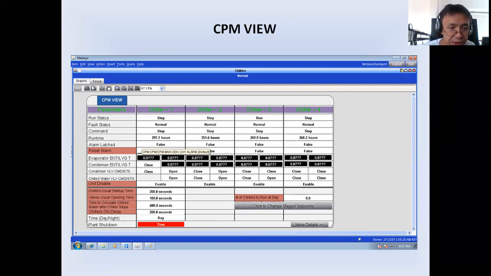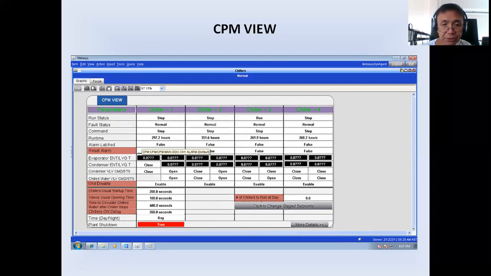Time to circulate chilled water after the chiller stops is 600 seconds. Chiller on delay 200 seconds. Time day: there is also a setting for whether it is day or night. Plant shutdown: if you make this true, then the water cooled chiller plant will shut down. So this is the chiller plant manager view.